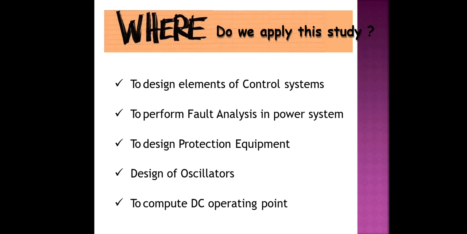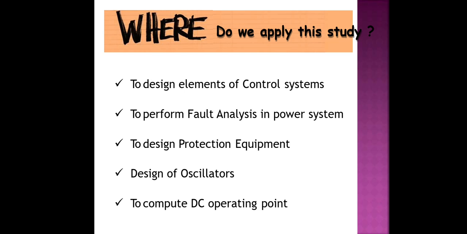Now we are going to talk about where we apply this study. Basically, to design elements of control systems, to perform fault analysis in power systems, to design protection equipment, to design oscillations, and to compute the DC operating point. That means this analysis is most of the time common to electrical, electronics and communication engineering.